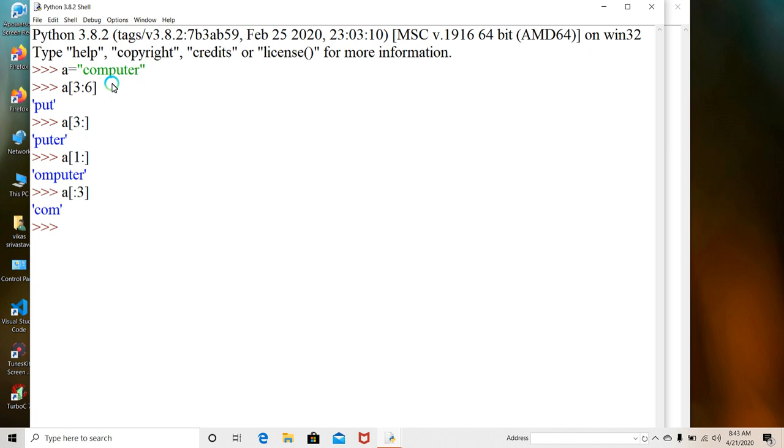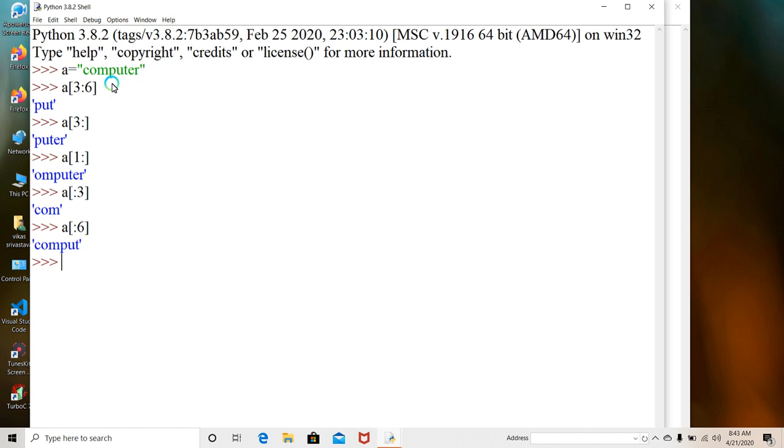If we want from the starting up to some index, say from the first index to the fifth index, we write a, leave the starting index empty, and write 6 as the last index. So 6 means it returns the values from 0 to 5: 0 1 2 3 4 5.